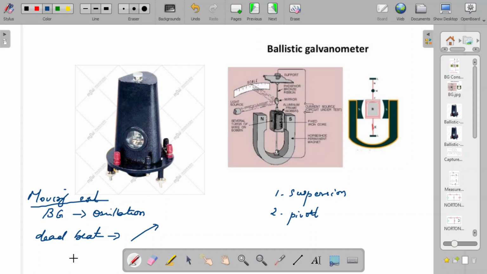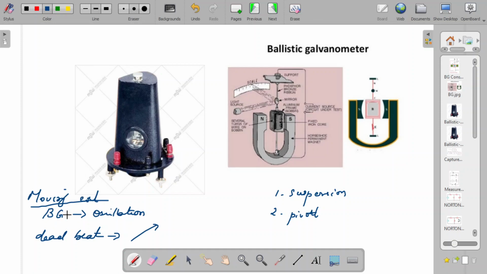But whether it is ballistic or deadbeat, the basic principle is the same. Both have a moving coil that gets deflected because of the torque experienced by the coil in the magnetic field when current flows through it. This is a general idea just to make you understand that a moving coil galvanometer can be of two types.